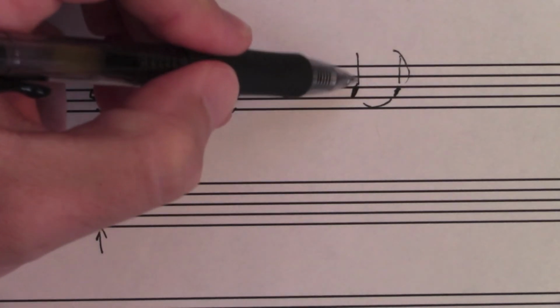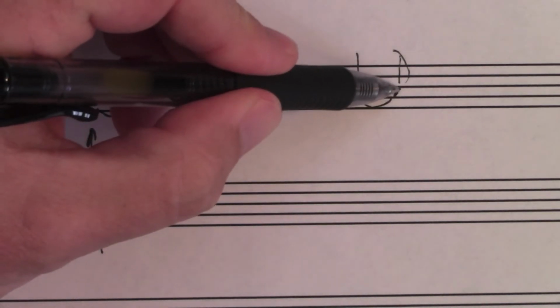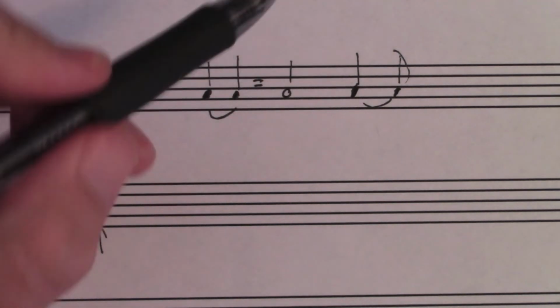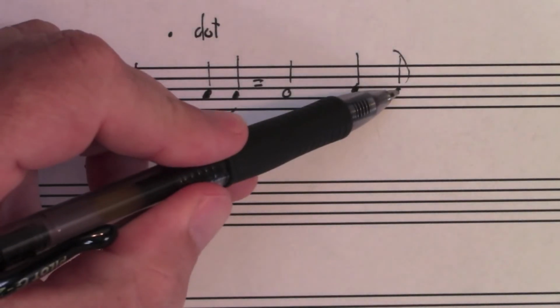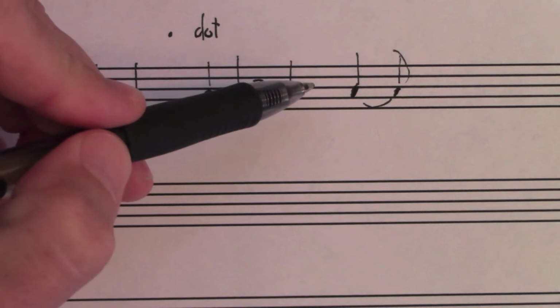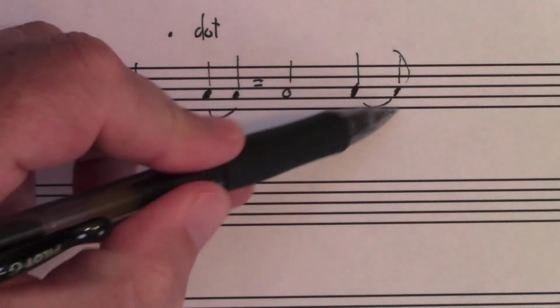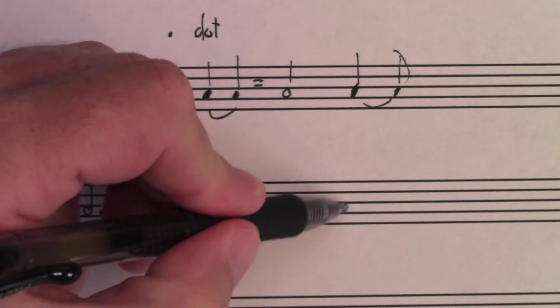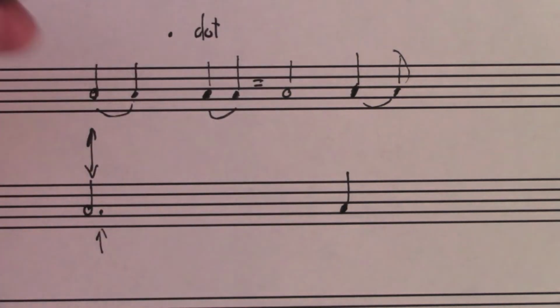Here we have a quarter note tied to an eighth note. Well, what a coincidence. An eighth note is half of a quarter note. So this is the same as a quarter note with a dot.